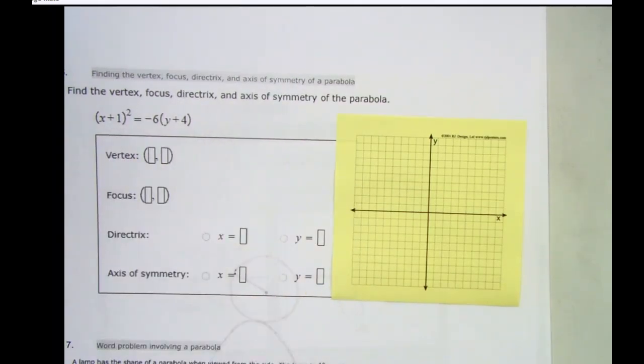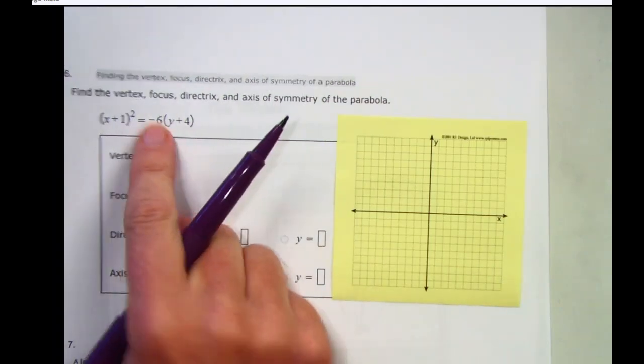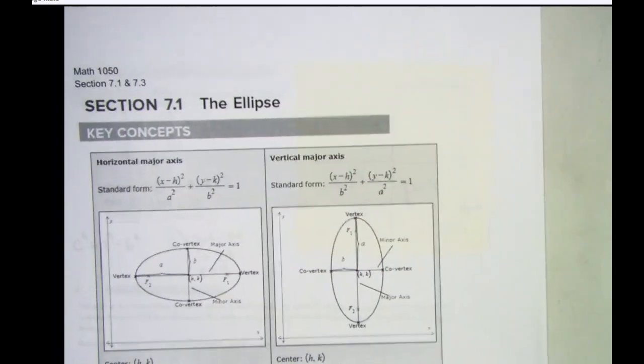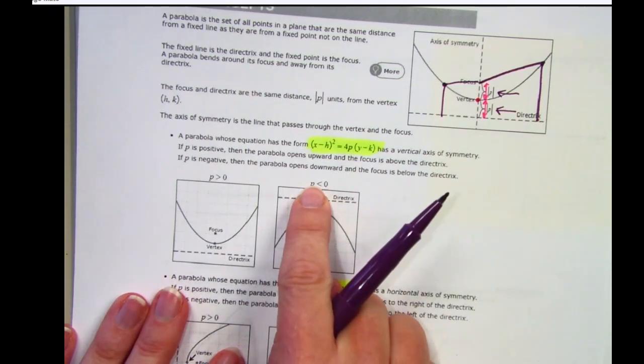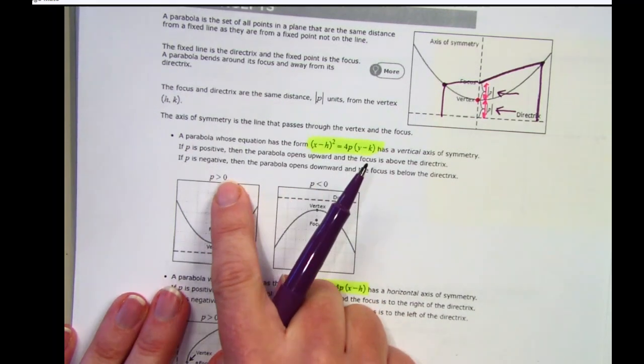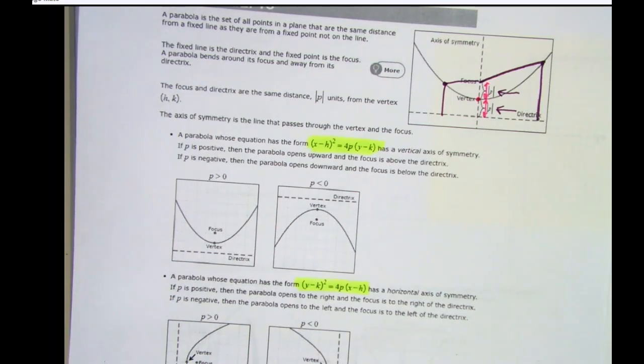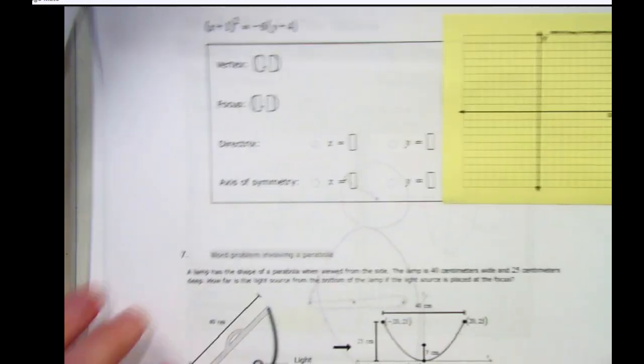It opens up or down, right? Up or down. This guy is negative, so I wonder what that does. Here, P is negative. Here, P is positive. So what's happening to our parabola? Which way does it open? It opens down. Yeah, opens down.